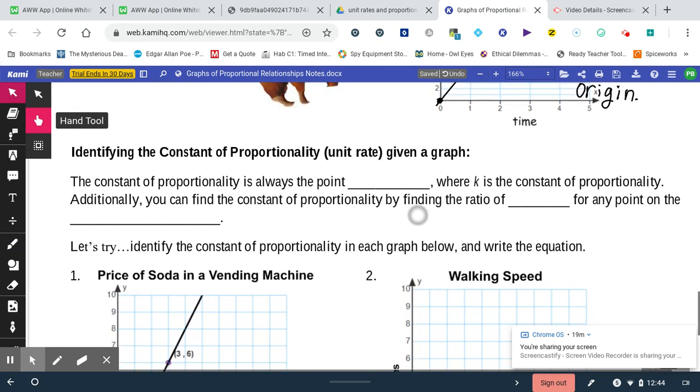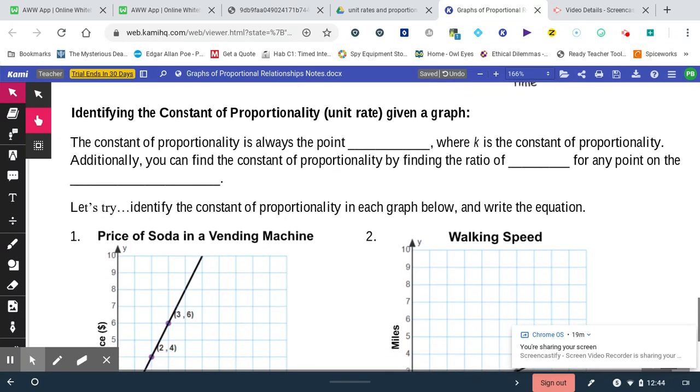Okay, all right, let's look at this last part. We're going to identify the constant of proportionality given a graph, or I'll call it unit rate. It's the same thing. You should know how to find the unit rate or the constant of proportionality from a table. From a table, you take y and divide it by x. From a word problem, you might look at what's dependent.